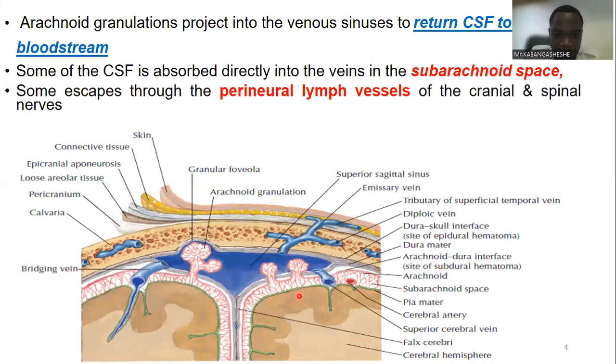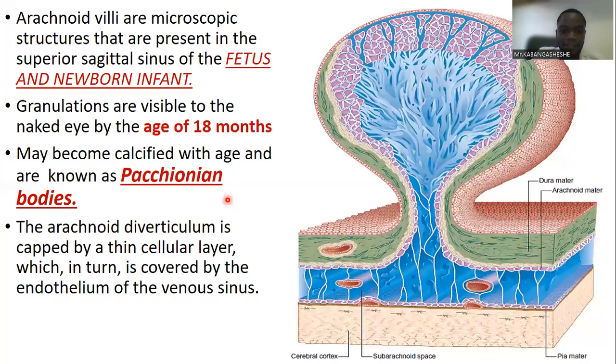So before it causes encephalitis, it will cause meningitis. So these meninges will be inflamed. The dura will be inflamed, the arachnoid will be inflamed, later on the pia, and eventually the brain itself. So that's why it's essential that these infections of the scalp must be treated carefully.